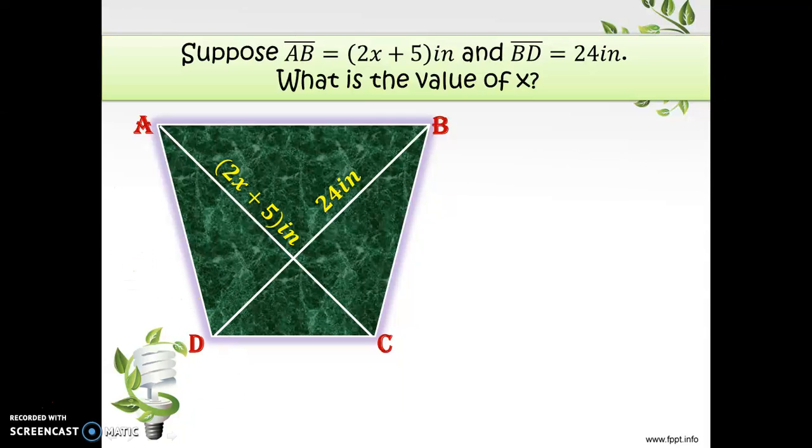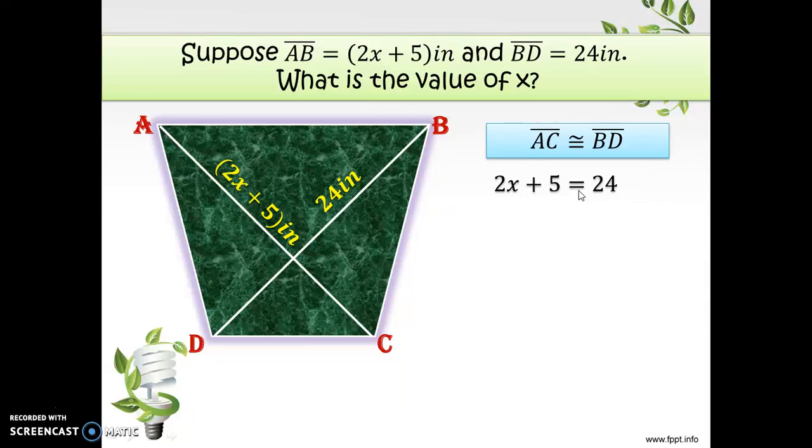Another example. Suppose that line segment AB is equal to 2x plus 5 inches and line segment BD equals 24 inches. What is the value of x? So we are trying to get the value of x. Since it is an isosceles trapezoid and we know that their diagonals are congruent, we can equate 2x plus 5 to 24 because they are just equal.